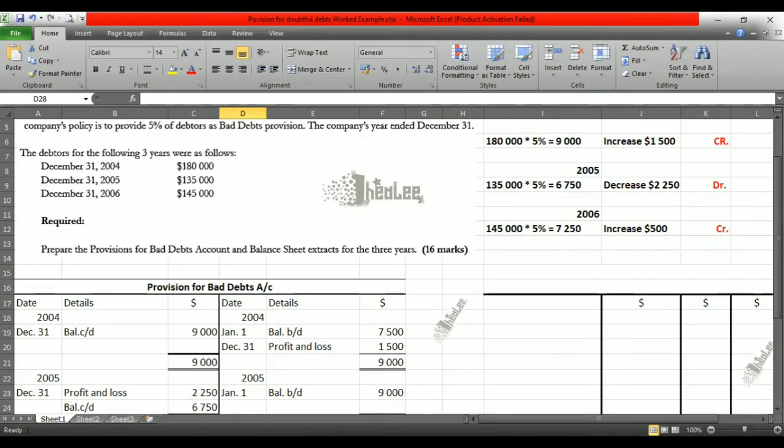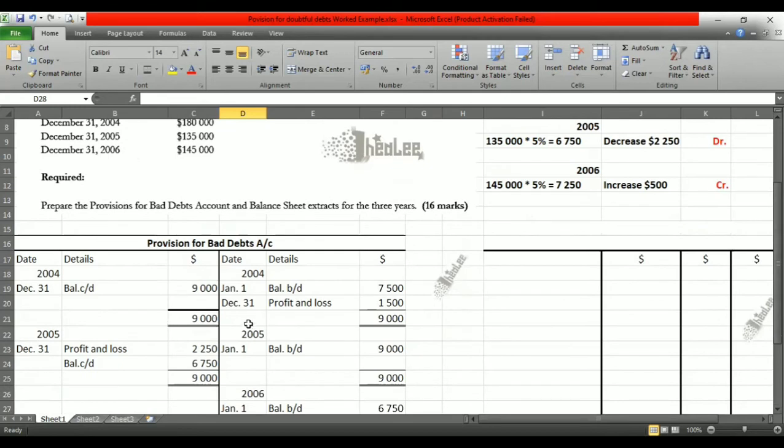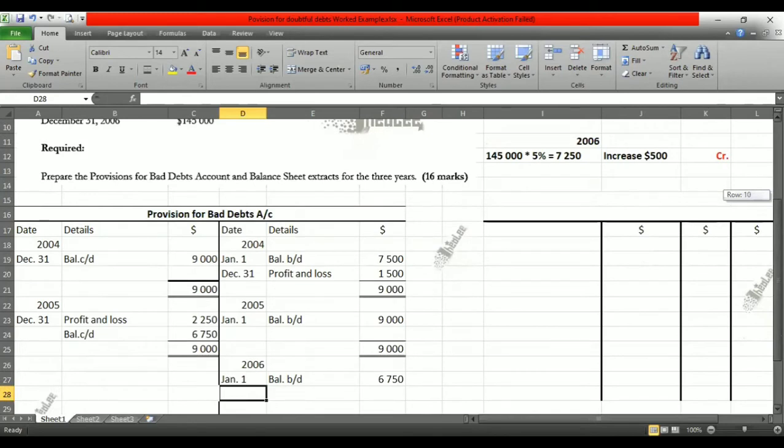And in our provision for bad debts account, the balance brought down coming out of 2004 is 9,000. For 2005, our workings is $6,750. And definitely in our provisions for bad debts account, the balance brought down is $6,750. So remember, you can use your workings to double check.